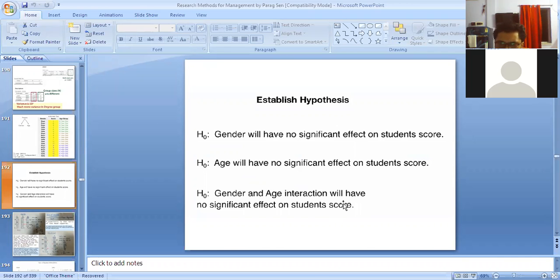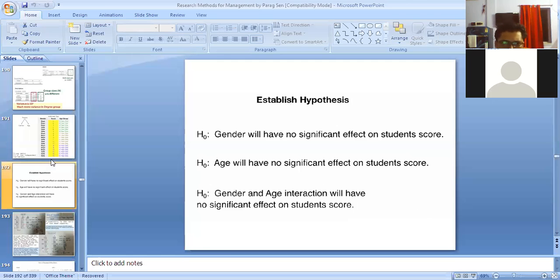Then the last pair will be: gender and age interaction will have no significant effect on student score, and the alternative hypothesis will be that gender and age interaction will have a significant effect on student score. So these three pairs of hypotheses will be there when you are dealing with two-way ANOVA.